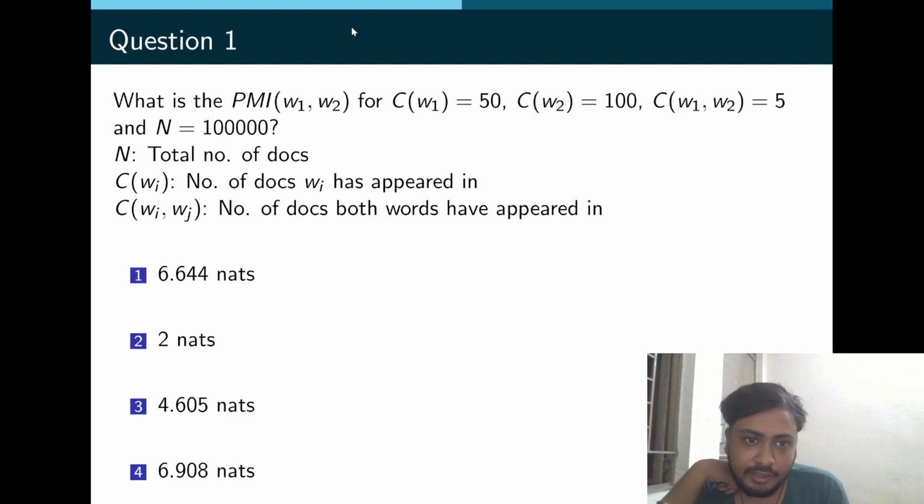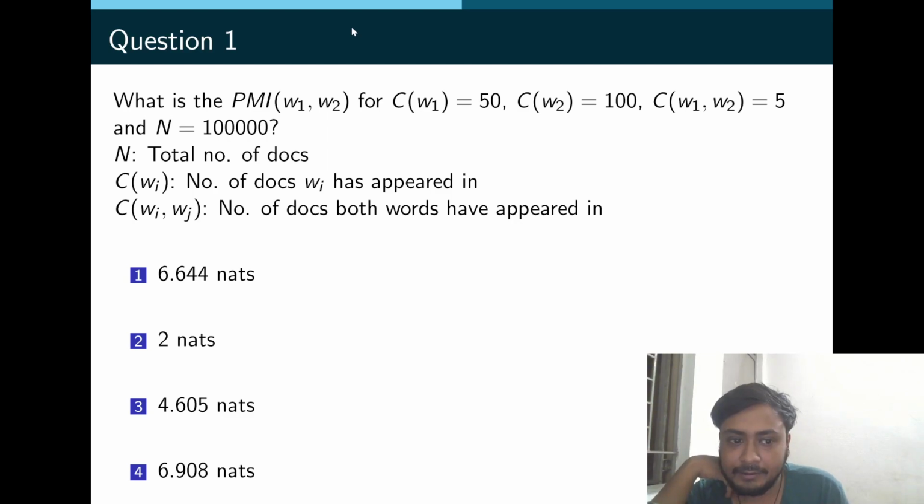Does anybody know the formula for PMI? You can unmute and say. It's log 2 of P(W, C) divided by P(W) into P(C). Yes, that is the initial formula, though there will be a slight correction. You said log base 2, right?